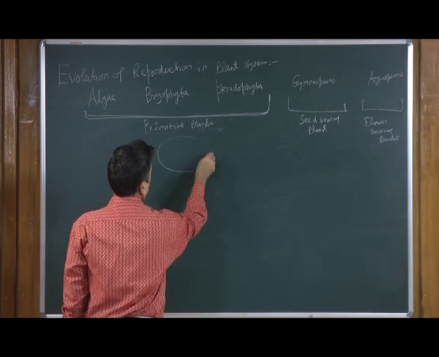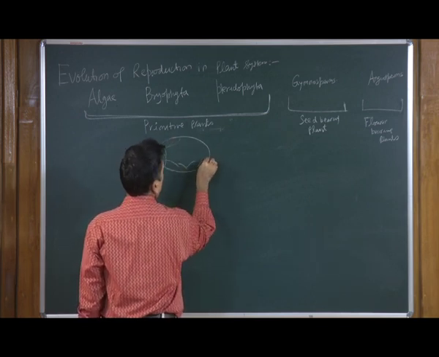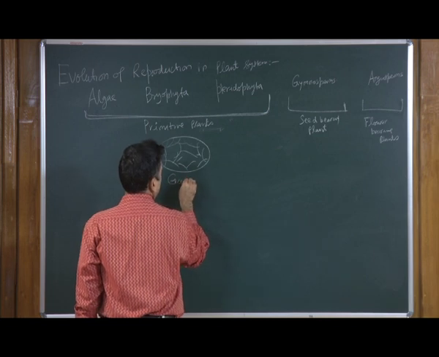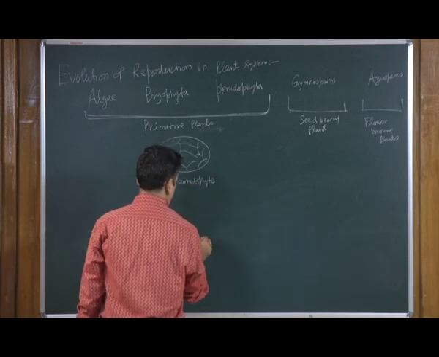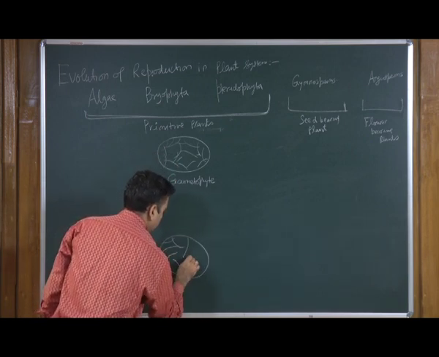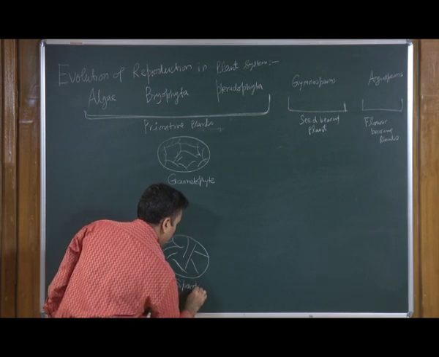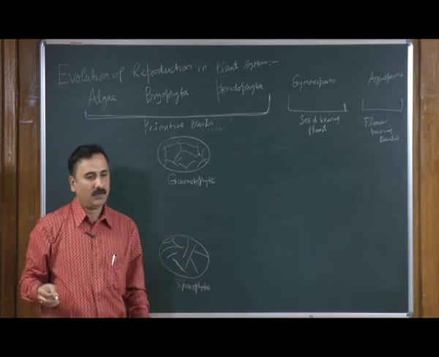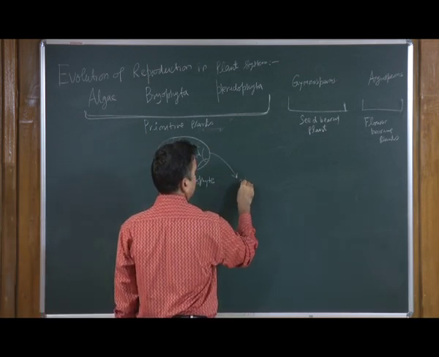One is called the gametophyte, and the other species is called sporophyte.